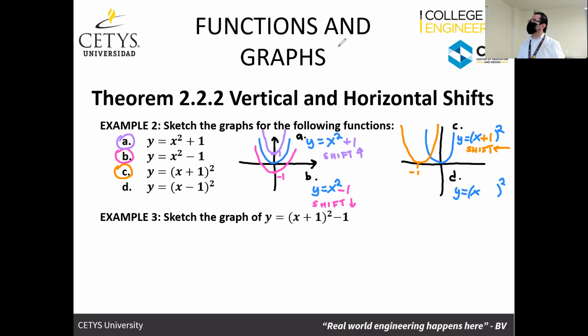I'm going to put that in the yellow marker. That would mean that we would have a shift to the right. And so we would have a 1 here, and the parabola would go something like this.